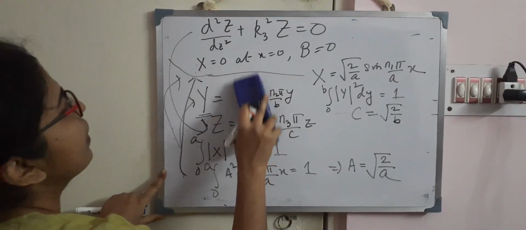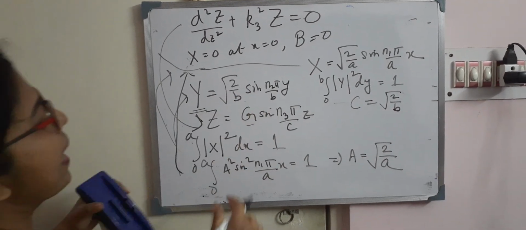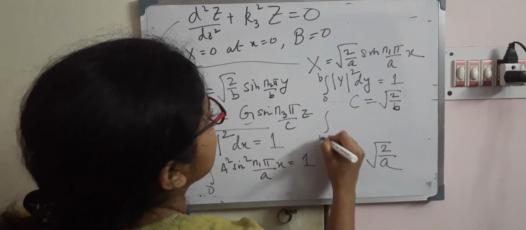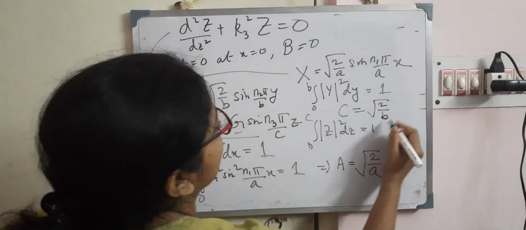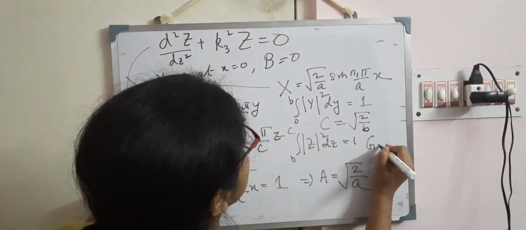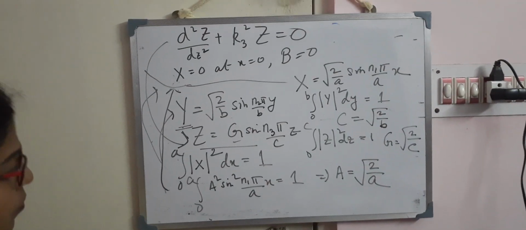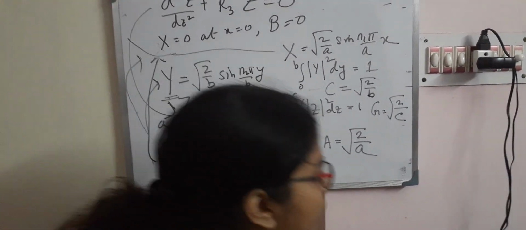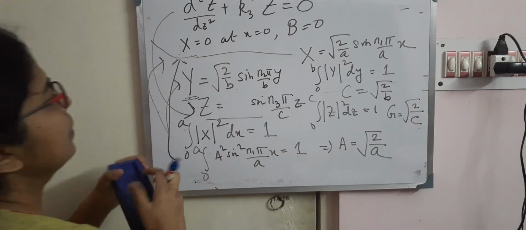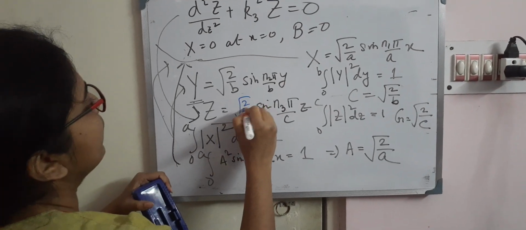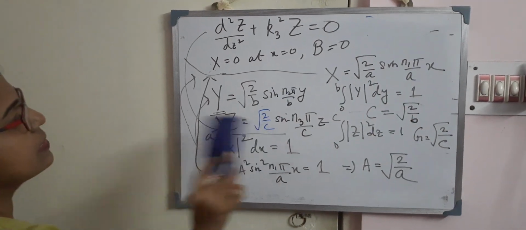So here I will just replace this by root 2 by b, and for Z again I will apply integral from 0 to c of mod Z square dz is equal to 1. This will give me G is equal to root 2 by c. So I will replace G by root 2 by c. So X looks like this, Y is this, and Z is this.